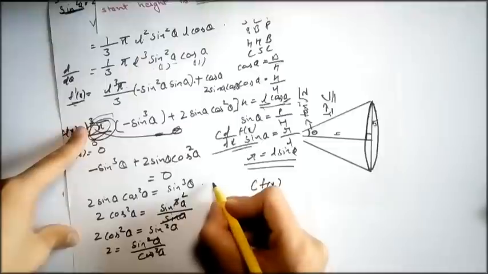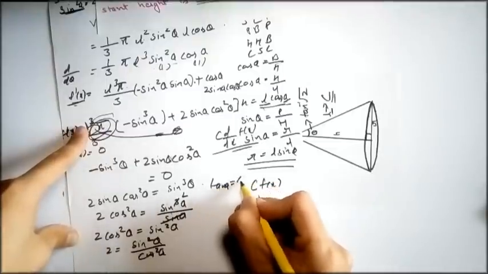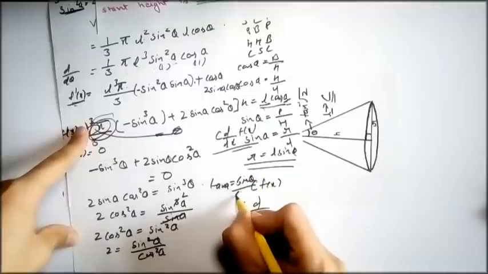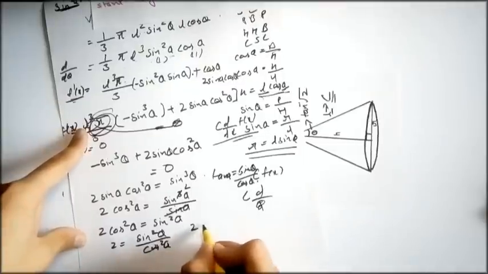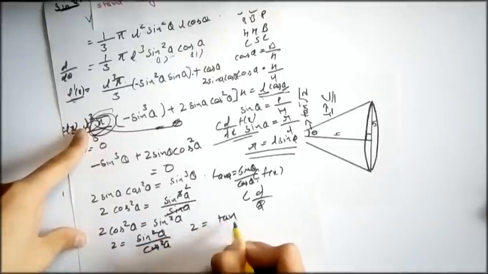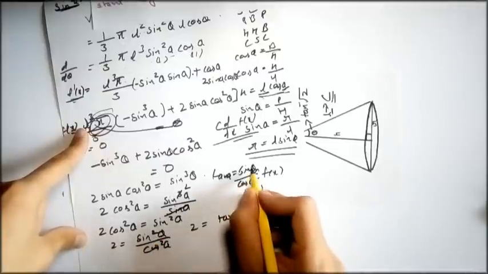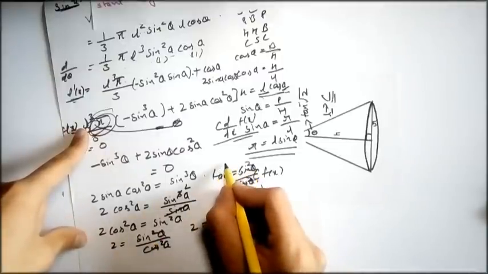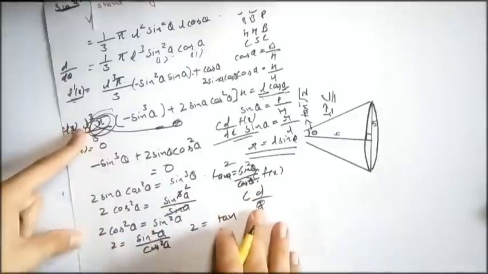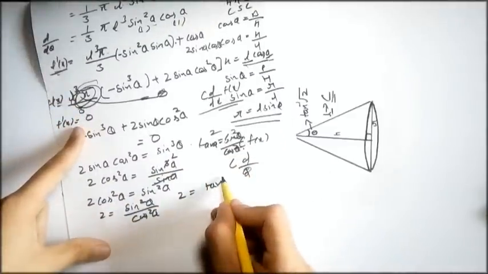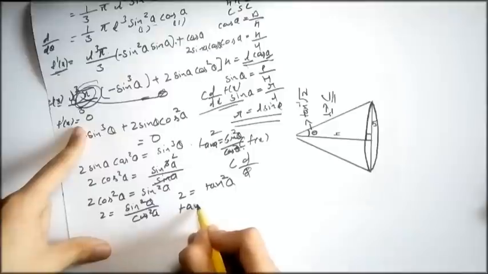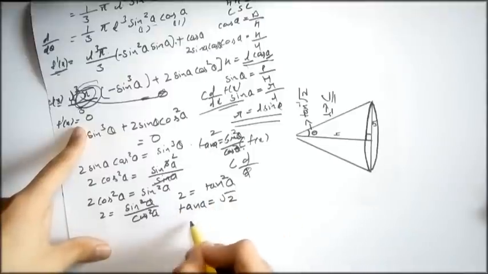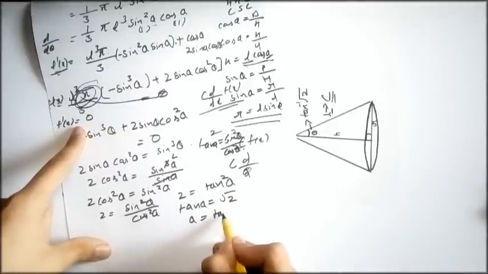And we know that tan theta is equal to sine theta by cos theta. Here it is not sine theta or cos theta, here it is sine square theta over cos square theta. So tan square theta is equal to 2, and after taking the under root, tan theta is equal to under root 2, and theta is equal to tan inverse under root 2.